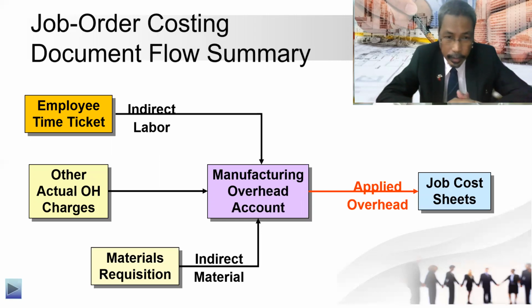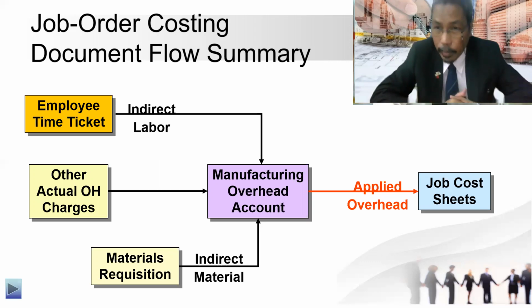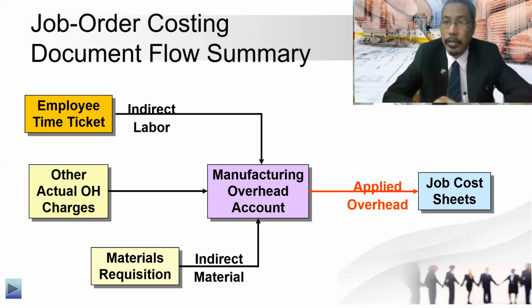So we have what? Indirect labor, indirect material, and other actual overhead charges. So those are the content of manufacturing overhead account, and we can have what? The document, apply it to the job cost sheet that we familiarize with on the first module.